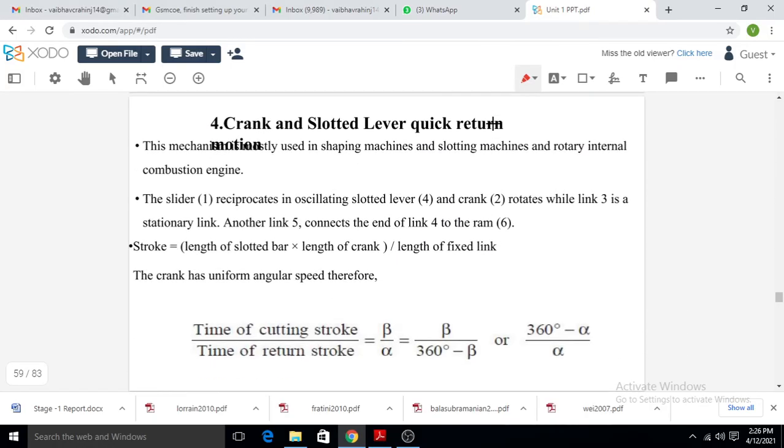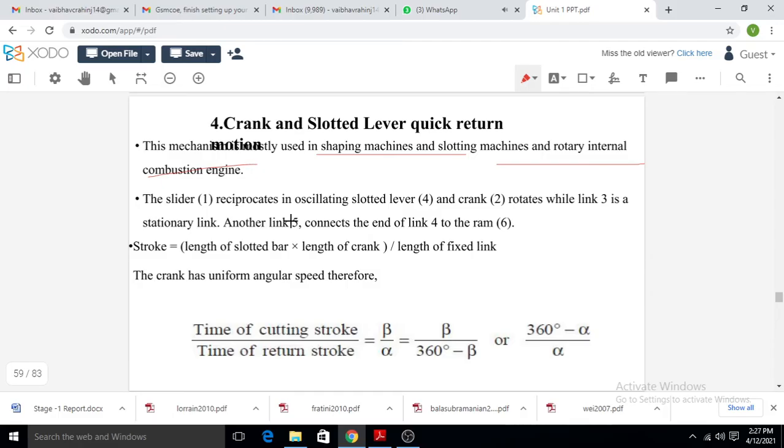Okay, the next one is the crank and slotted lever quick return mechanism. This mechanism is mostly used in shaping machines or slotting machines and rotary internal combustion engines.